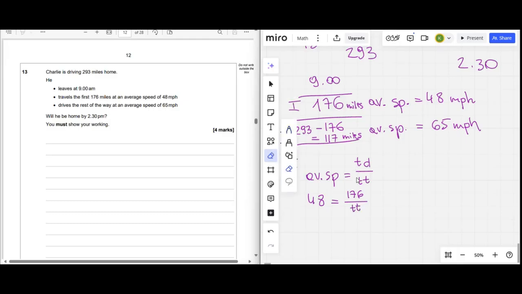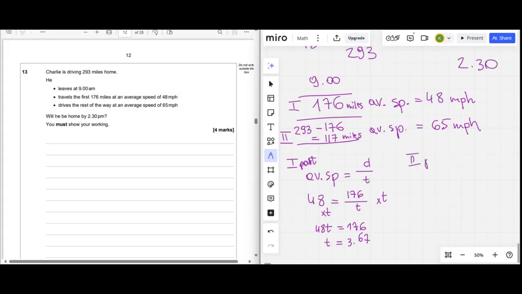Or maybe let's just do this as time. First part of the journey. Okay, so let's times both by t. Yeah, we need to rearrange the formula to make t the subject. Time is 176 by 48, which is 3.67.